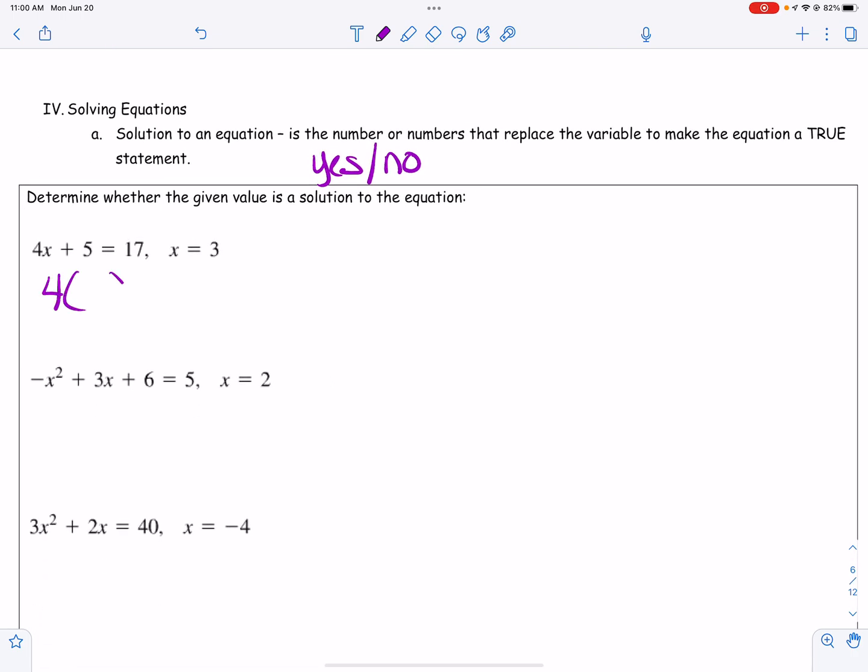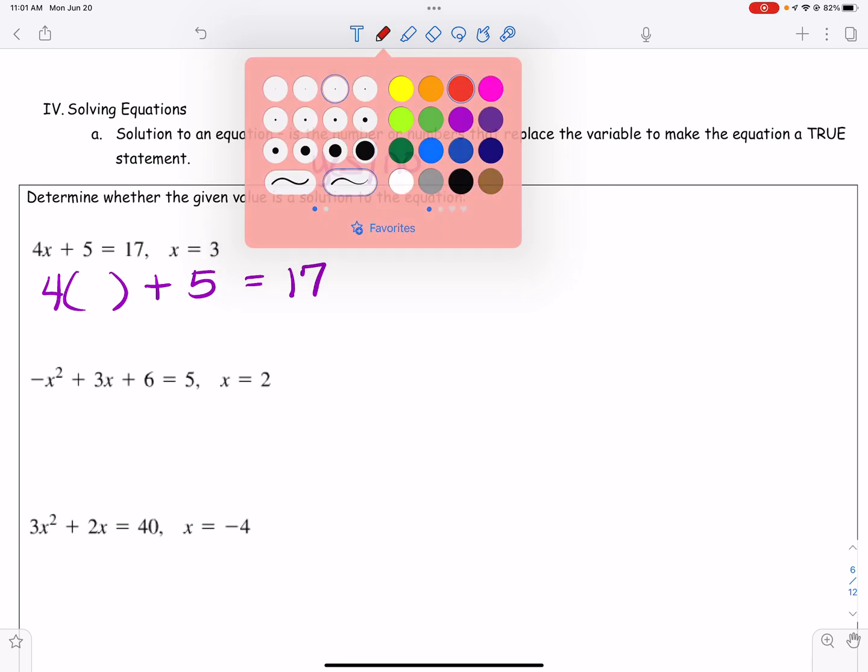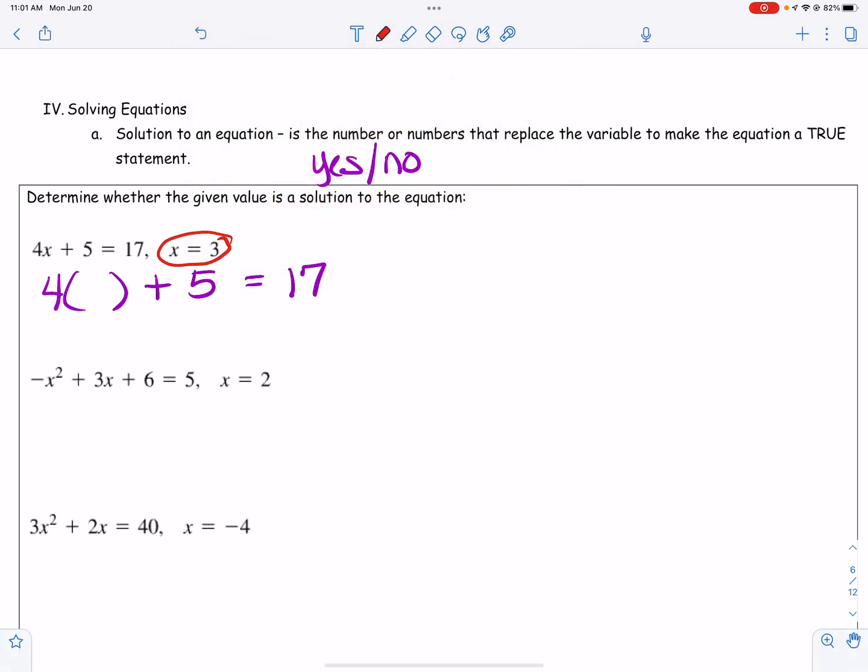I'm going to rewrite it replacing the variable with the parentheses. Then I'm going to insert the value that they give me for x, and then I'm going to check to see if that truly does equal 17. And 4 times 3 is 12, plus 5 does equal 17, so you would say yes, a solution.